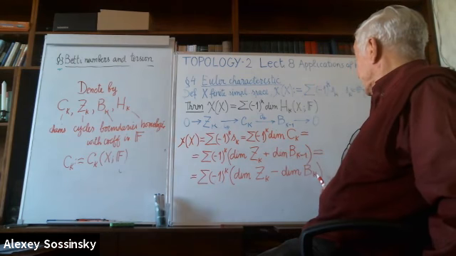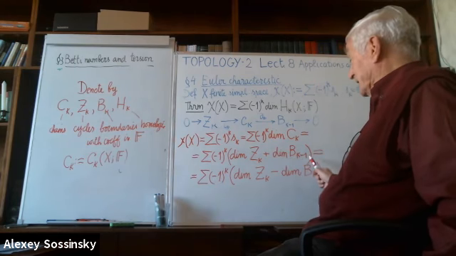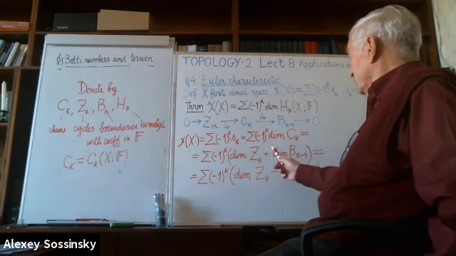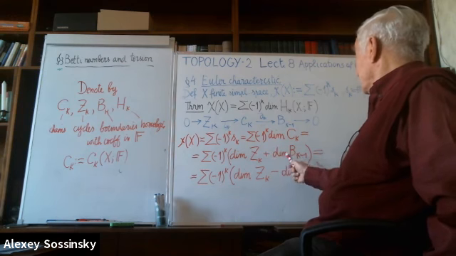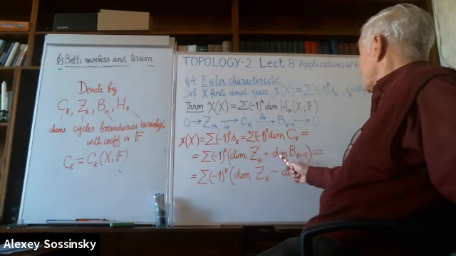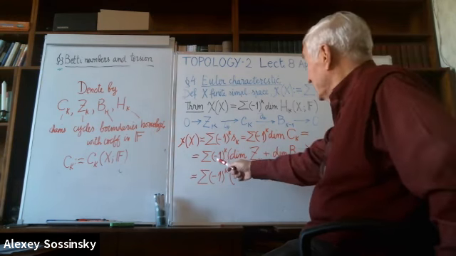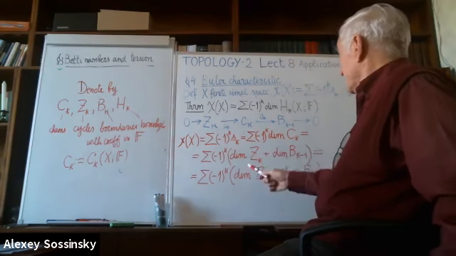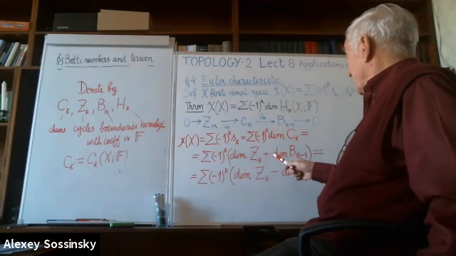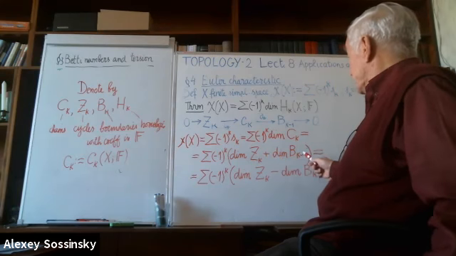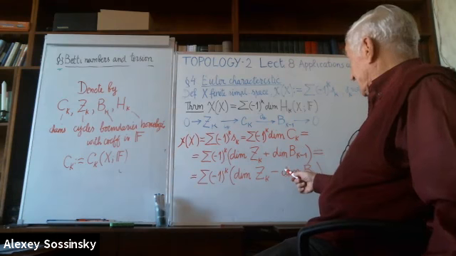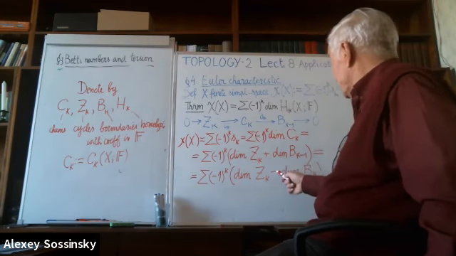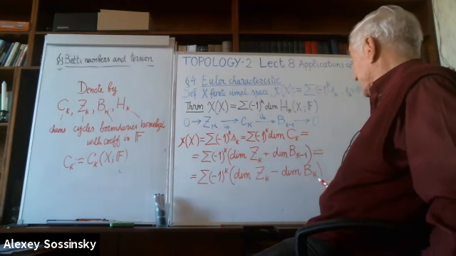I've raised the index from k minus 1 to k. So what we have here is a sum of the dimension of the B_{k-1} multiplied by minus 1 to the k. If I change the summation index, then the sign will change to the opposite sign, and we have this.